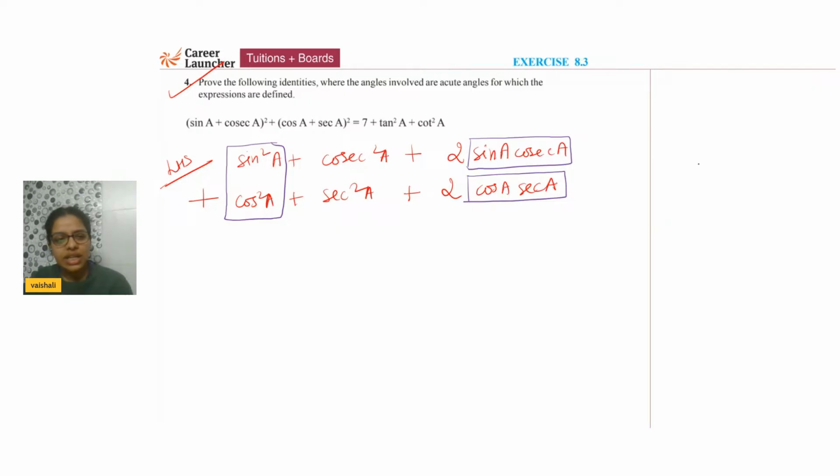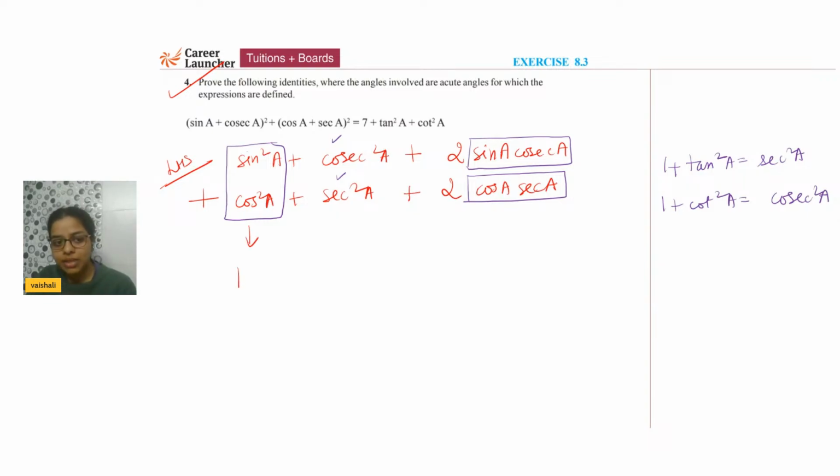And what is that one identity that I can make use of in the case of cosec square and secant square? Now just remember 1 plus tan square a क्या होता है? Secant square a, and 1 plus cot square a क्या होता है? Cosec square a. So I can substitute these two equations in the given cosec square and secant square and write our final answers.